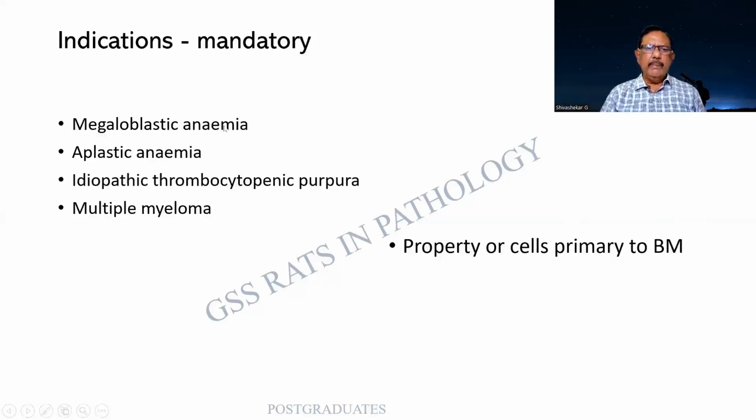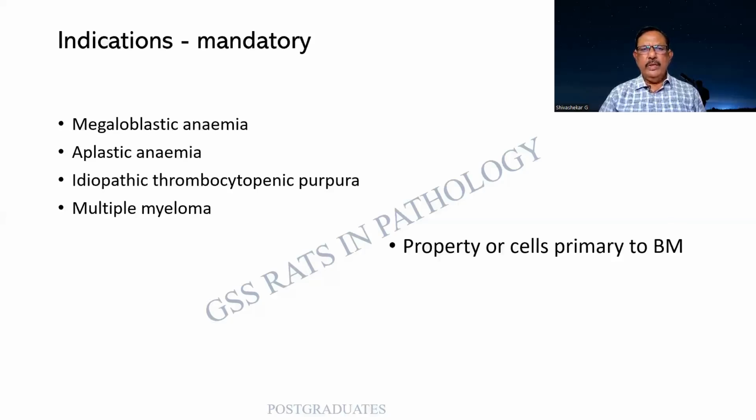So it can be a megaloblastic anemia. Obviously, I am not going to get megaloblast in the peripheral blood. Very, very, very uncommon. Aplastic anemia. Again, it is not a peripheral blood diagnosis. You can get a pancytopenia, but then the aplasia has to be confirmed. Idiopathic thrombocytopenic purpura.